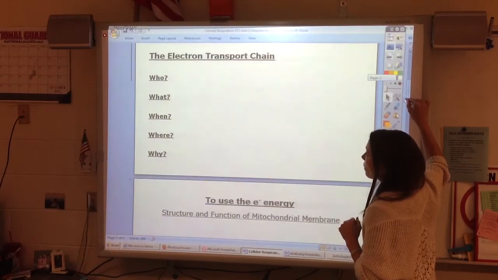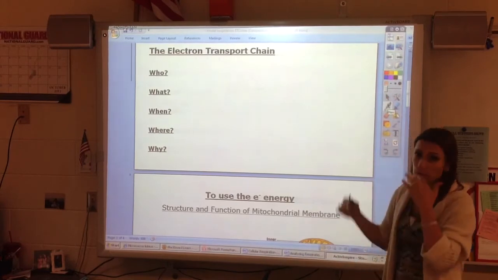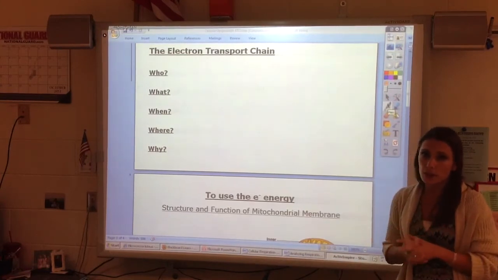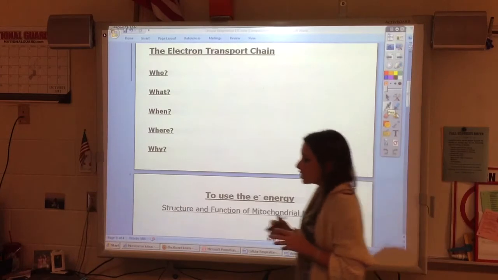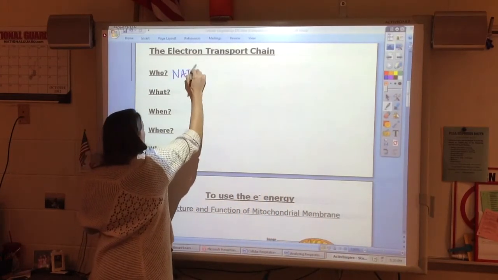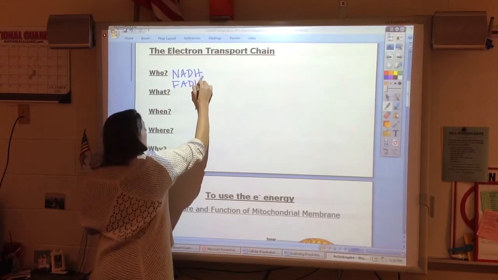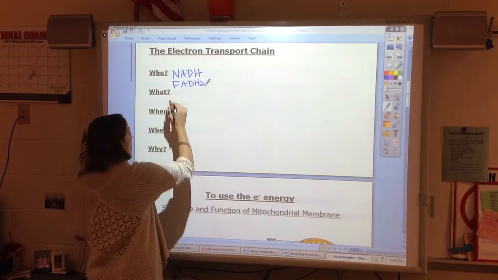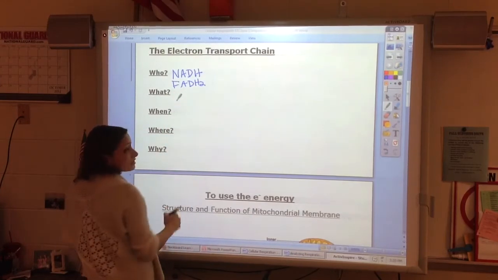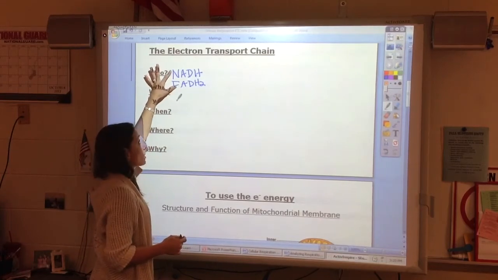So when we look at the electron transport chain, we want to talk a little bit about what is really going to happen in the electron transport chain. The electron carriers, NADH and FADH2, are actually going to be oxidized. So they're going to lose their electrons.